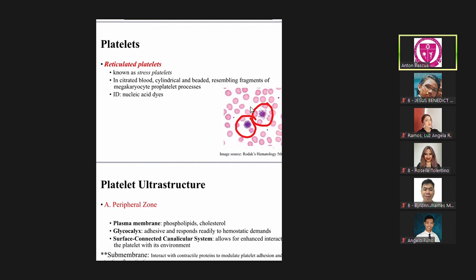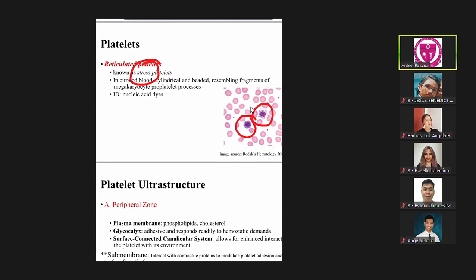Bakit, sir, mas malaki yung platelet natin? Sometimes, it appears something like that, especially when your platelets are said to be stressed, reticulated, or stressed platelets. It's actually a response from our bone marrow, especially if your body has thrombocytopenia.